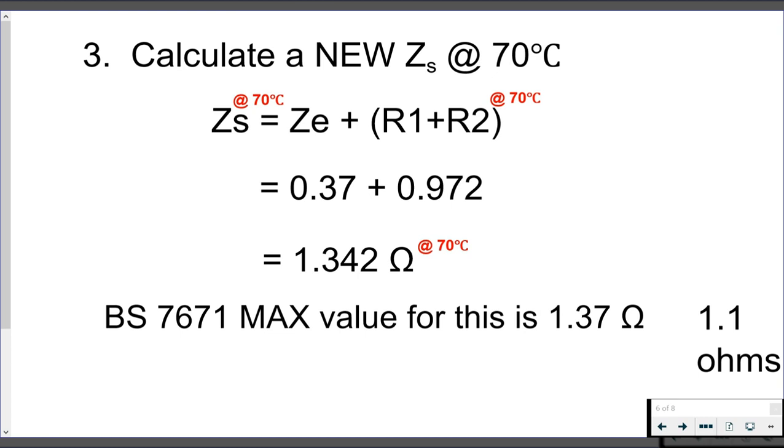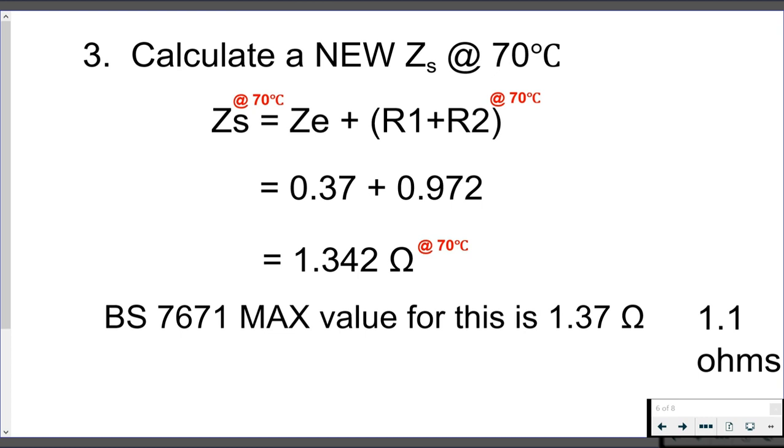Now, we have already measured at 20 degrees C. So what we need to do with this R1 plus R2 value that we've just calculated in the previous step at 20 degrees C is bring it up to 70 degrees C. We use that same factor, but rather than taking 0.2 off of 1 to bring it down to 20 degrees, we're going to go from 1 at 20 degrees C and take it up to 70 degrees C. So we multiply by a factor of 1.2.